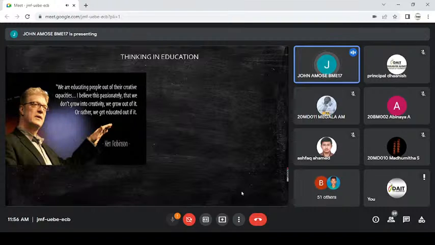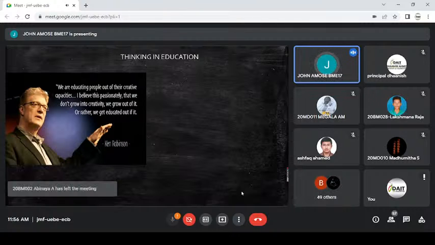When you look at thinking and education, take Ken Robinson, for example. He is a professor who has worked so much on education and its reform, and he has written a lot of books as well. One thing Professor Ken Robinson felt is that in the education system there are things we could actually do better.